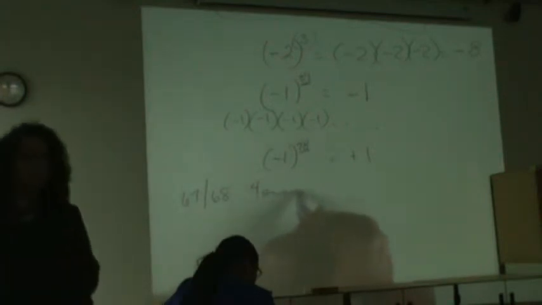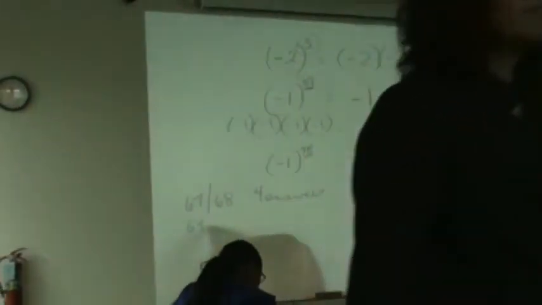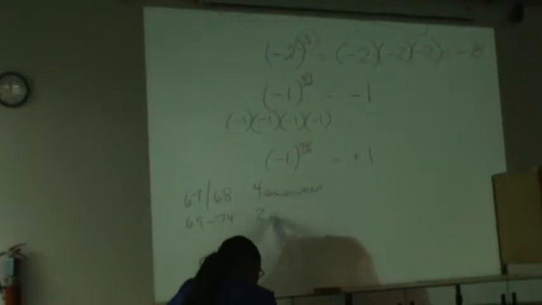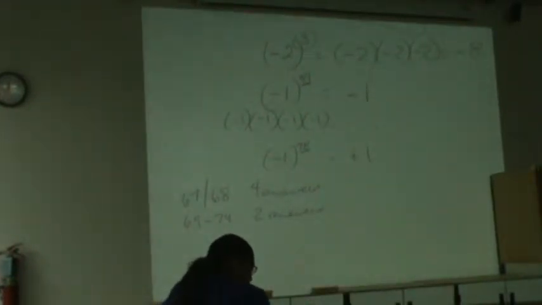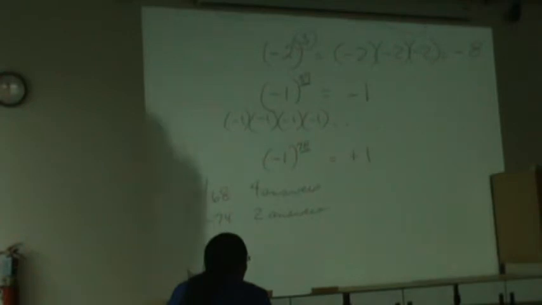So 67 and 68 have 4 answers. 69 through 74 have 2 answers. Okay? Number 67, I'll do that one because I think you have to do 68. Show you how to get all 4 answers.